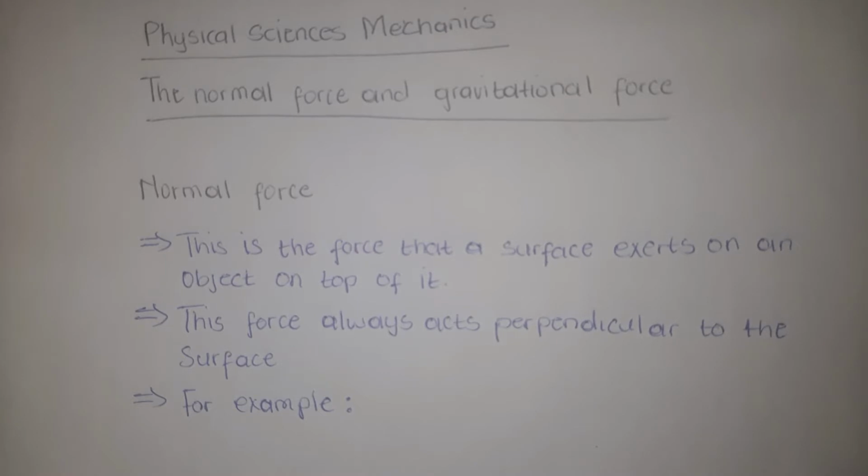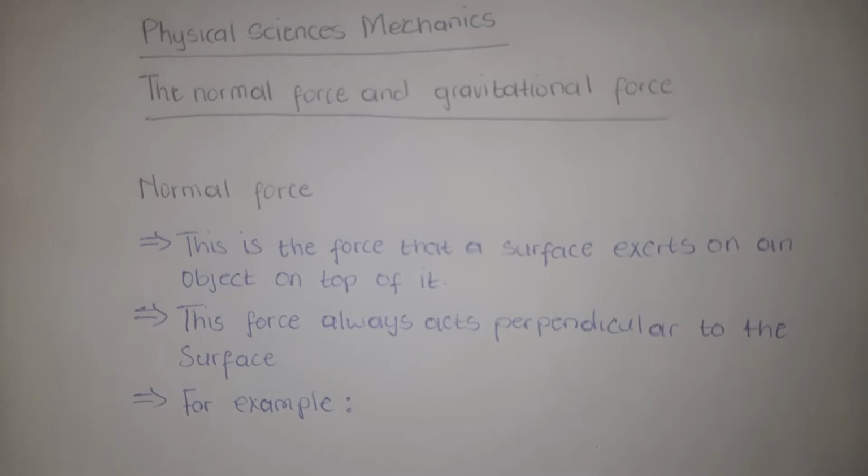Whenever you do so, or even when you just simply place your hand on the table, the table applies an upwards force on your hand. This force is called the normal force. This force always acts perpendicular to the surface.